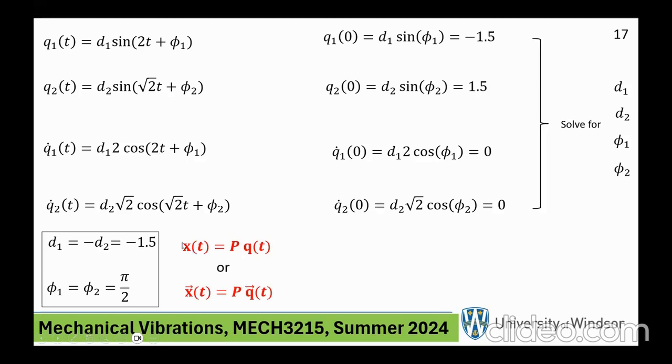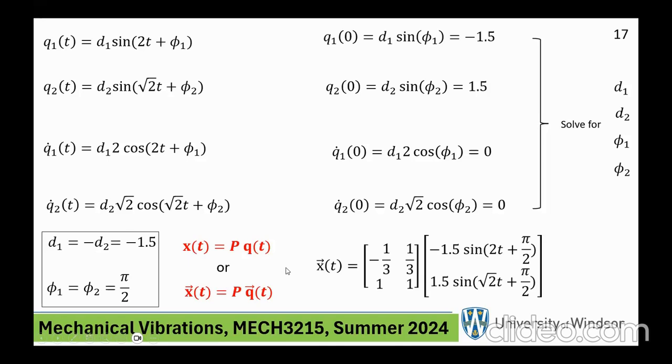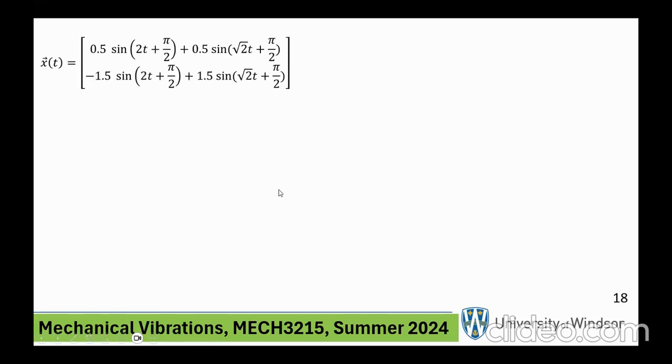And finally, you can get X by remembering that X is related to Q by this expression. Just putting matrix P here, putting in my solutions for Q1 of t and Q2 of t, and just work it out. And this is what you're going to get. Now, notice that because both of these phases are pi over 2, I can write these in terms of cosine.